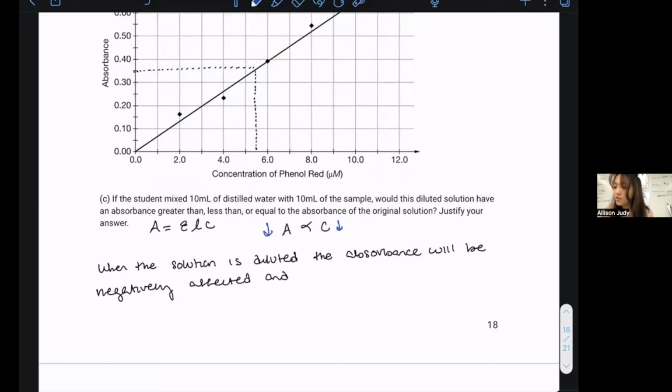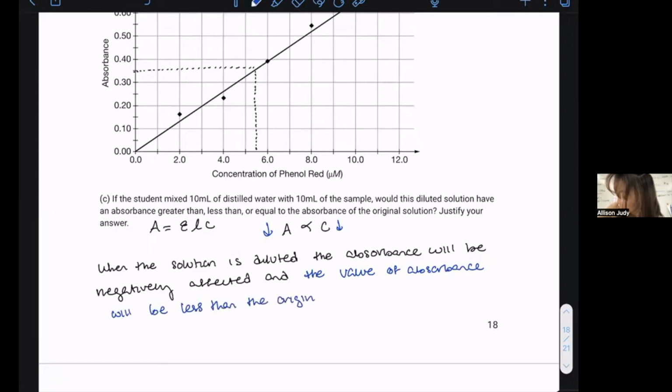So we would know that the absorbance will be negatively affected and the value of absorbance will be less than the original solution. Okay.